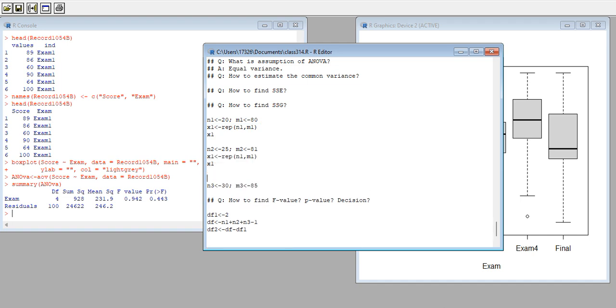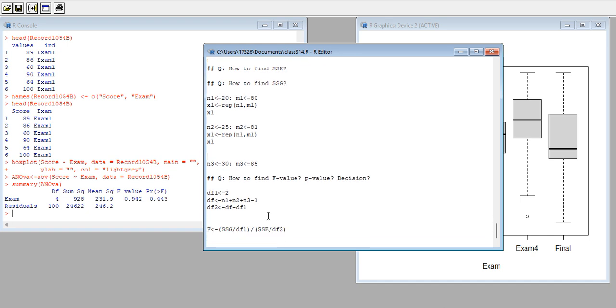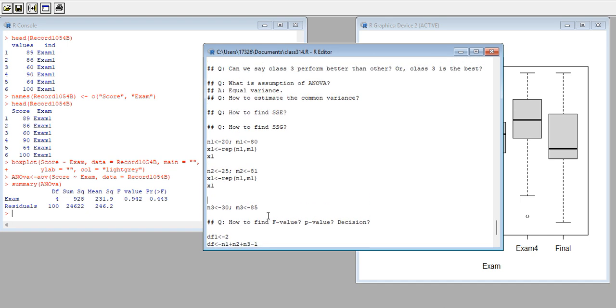For class 2, we change this into m2, m2, just like 81, 81, 81. So we just use this like x2, and then class 3.